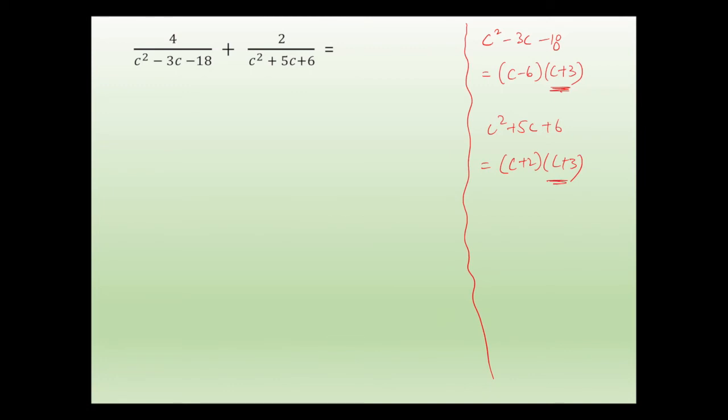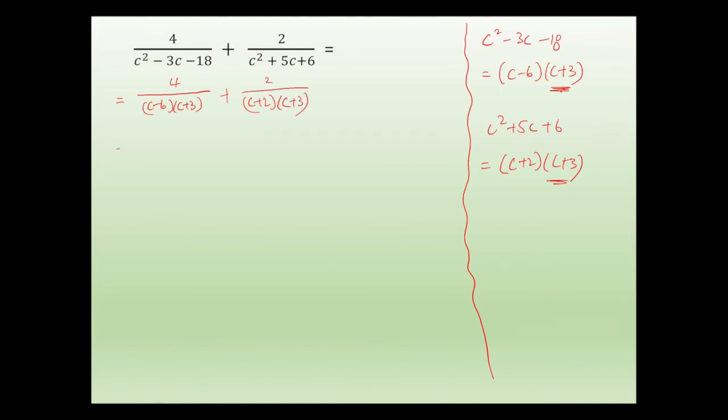So rewriting this, I'm going to write down 4 over (c minus 6)(c plus 3), plus 2 over (c plus 2)(c plus 3).